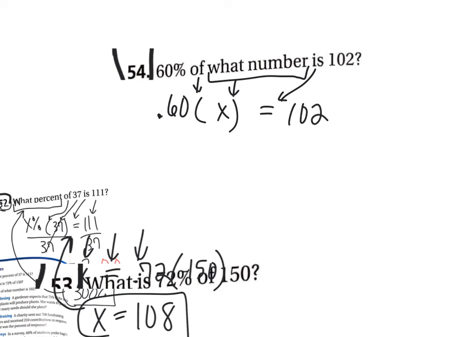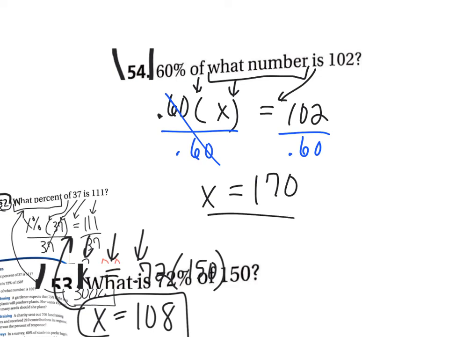And on this one, we're trying to get the variable by itself, so it's being multiplied, so we can divide on both sides by 6/10 or 60 hundredths. We're dividing by a number less than 1, so our answer is going to get bigger here. And so that would be 170. So we're saying 60% of 170 is 102.